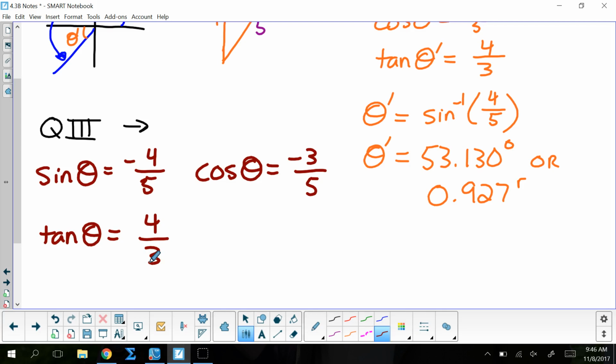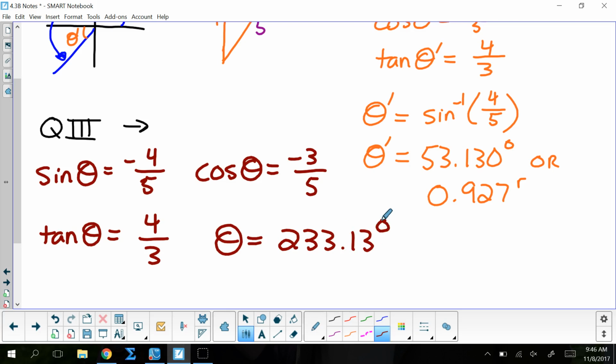Agree with that? Okay. Theta is going to be here, because we are in quadrant 3, theta is going to be 180 degrees plus my reference angle. So that's going to be 233.13 degrees.